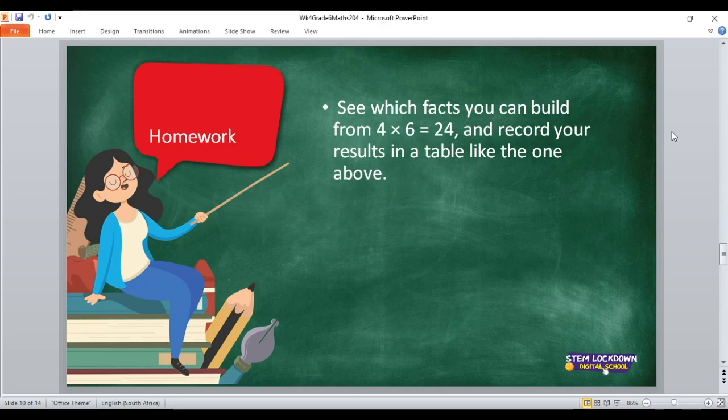And then 400 multiplied by 60, then we have 24,000. And then we have 400 multiplied by 600, we have our 240,000. And then the last one would be 400 multiplied by 6,000.